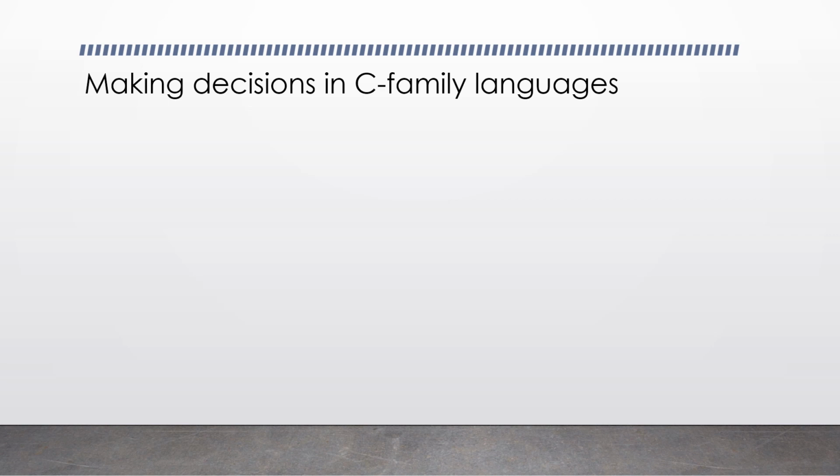Okay, so finally we've got all the basics down after 20 minutes. It's time to actually make a decision. So let's say you're writing a program, and at the end of your program you want it to say good day to your user, but you want this to be time specific.